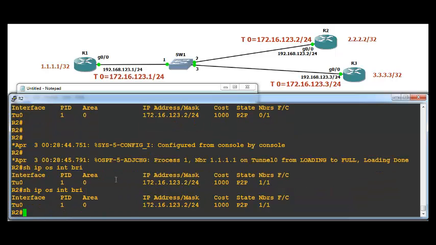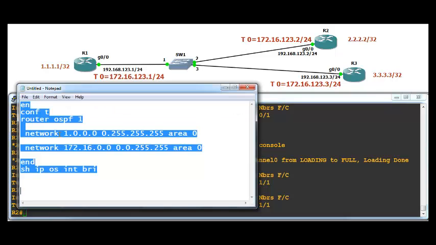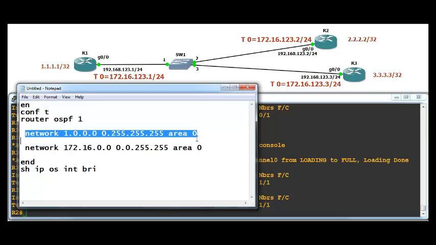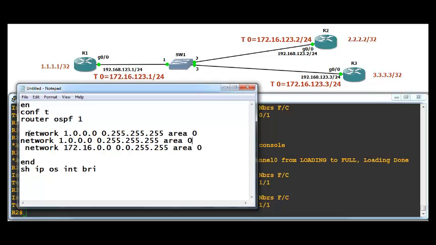Oh, the problem is I didn't change this. It's not 1, it should be 2. Correct? Yes. So I'll put no here.